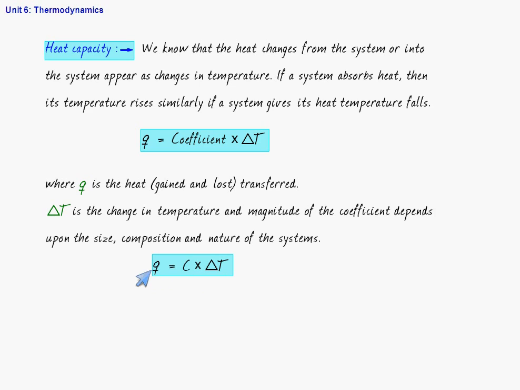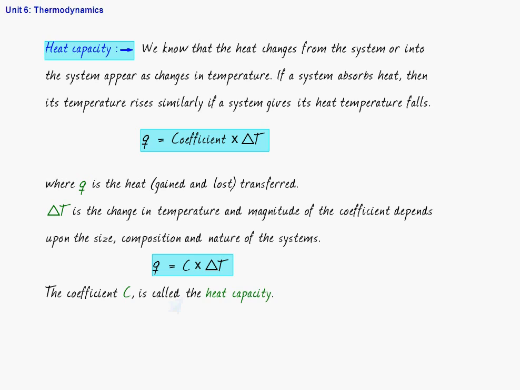Now what is this C? The coefficient C is called the heat capacity. When C is large, that is the heat capacity is large, a given amount of heat results only in a small rise in temperature.